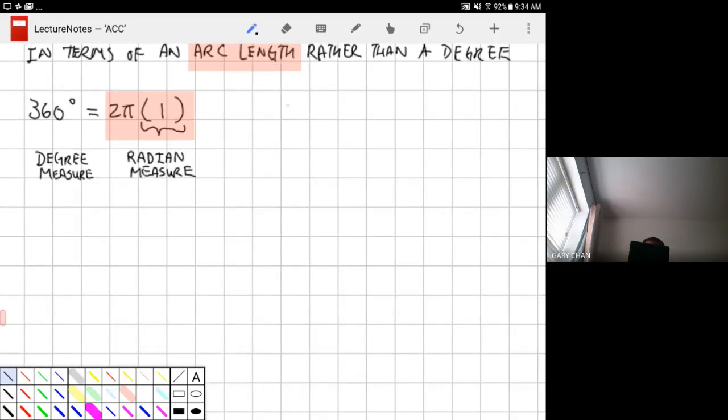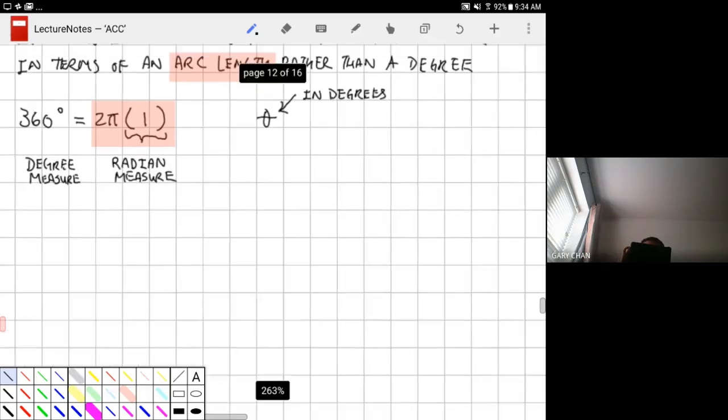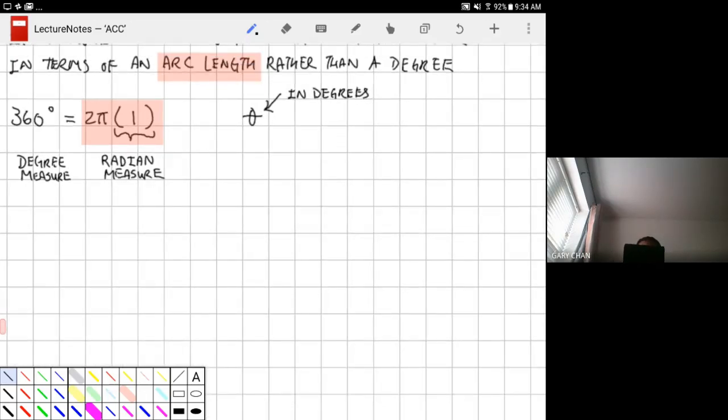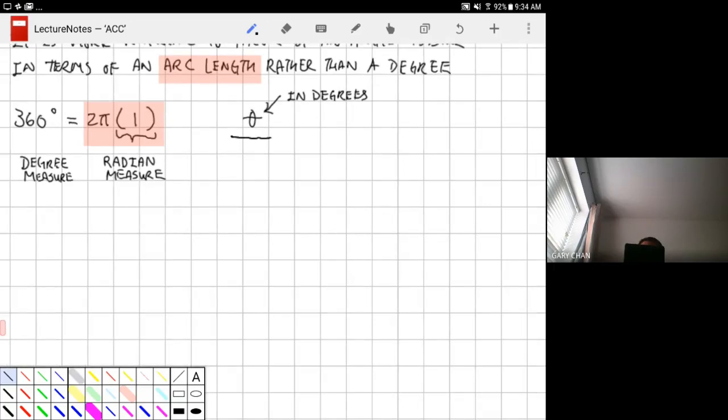If I have some angle theta, this guy right now is in degrees. I need to convert from degrees into radians. How can I do that? Well, we can set up a proportion again.